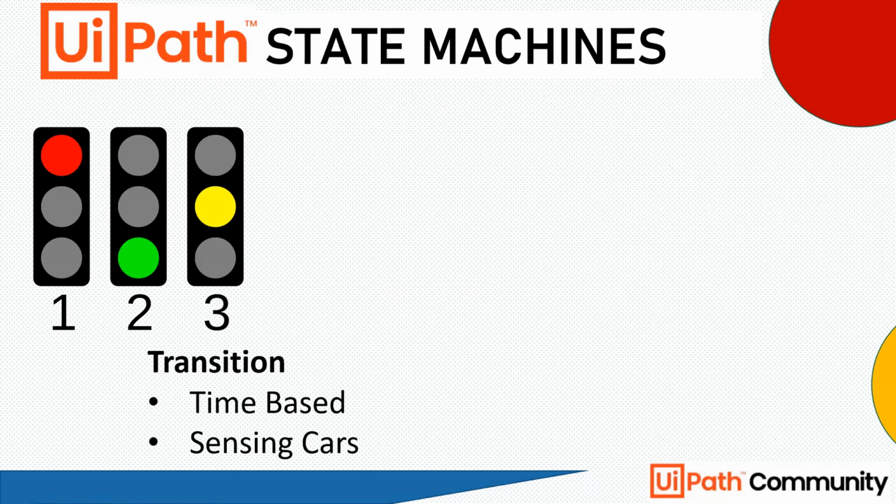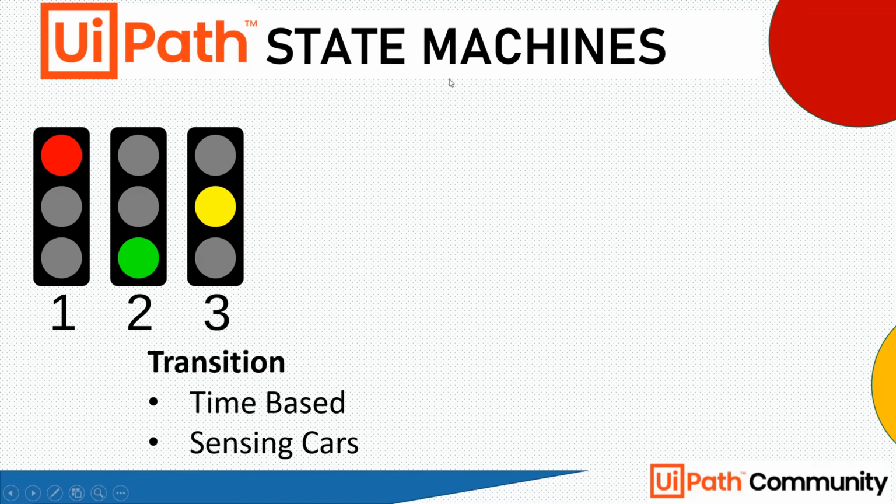Is it possible you can have green and yellow at the same time? No, right? Because it is a state machine. So this is a real world example of a state machine where at a time either the vehicles will be stopping, they are going, or it will ask you to look, right? It cannot ask you to go and stop. So this is a simple real world example of state machine.